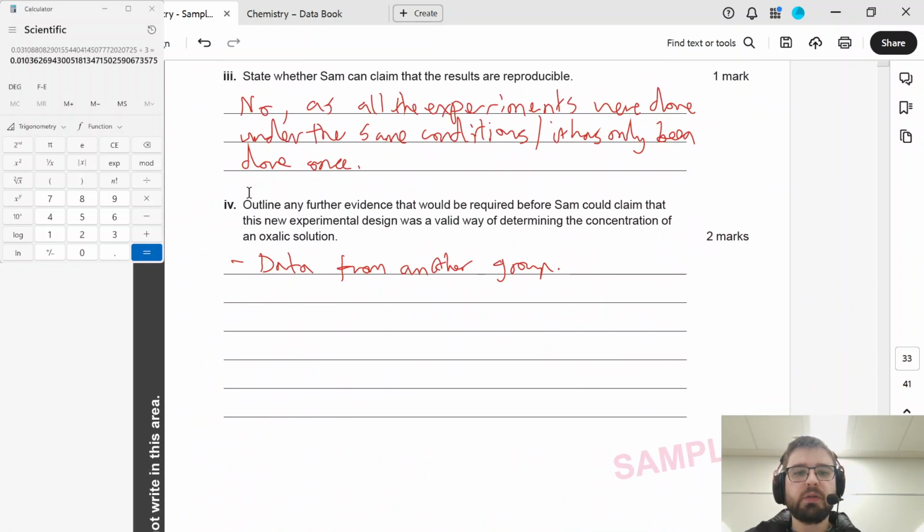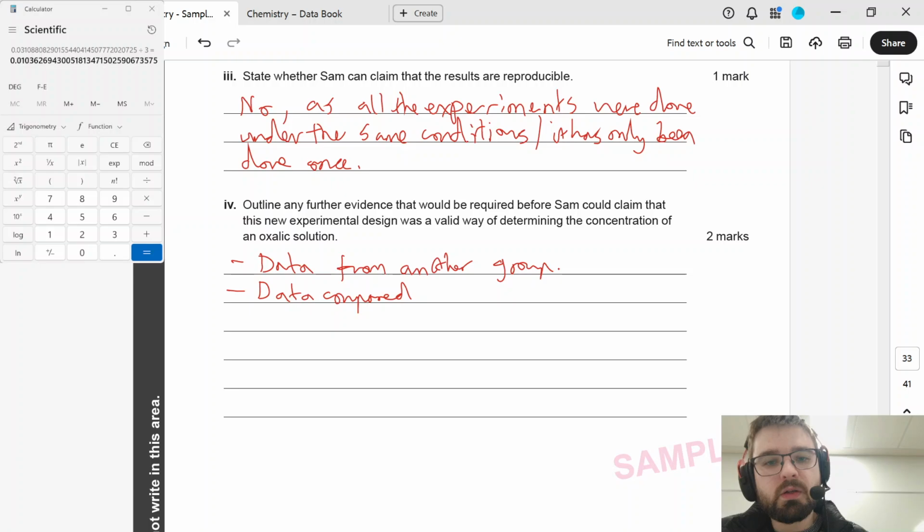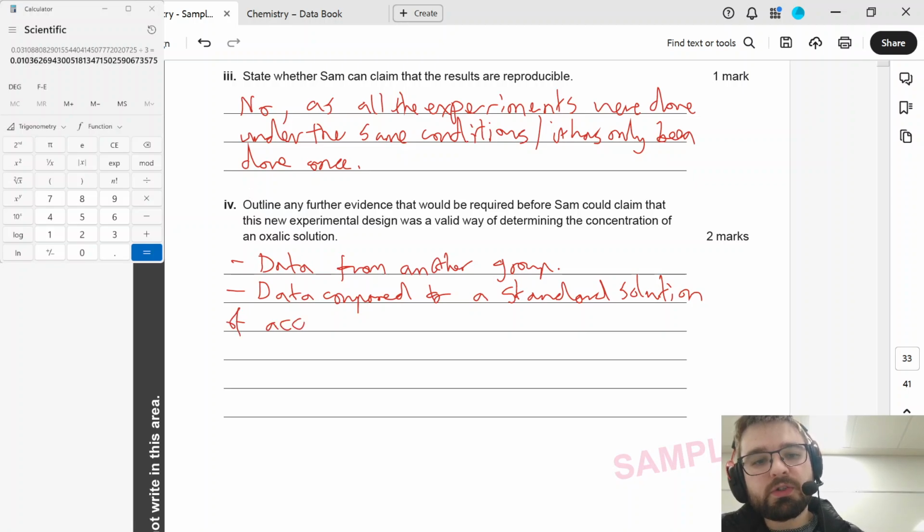Oh, you'd need to know the data compared to a standard solution of accurately known concentration to determine the accuracy of the technique.